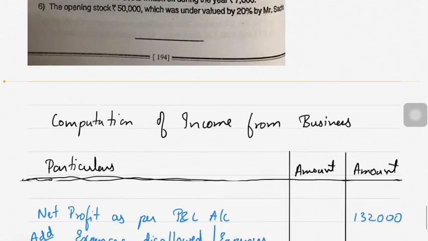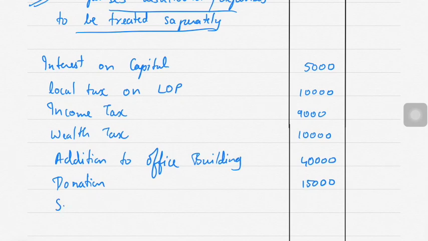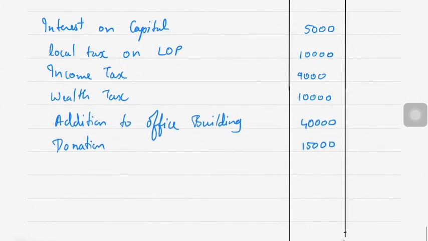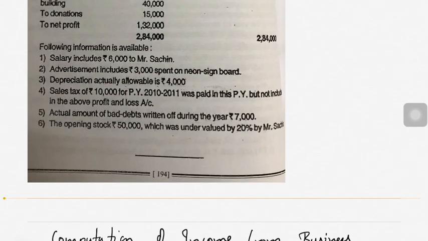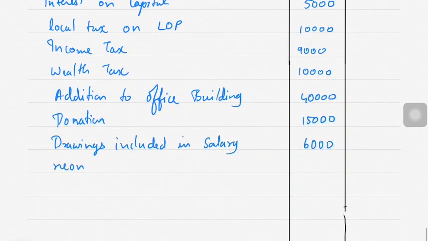Now let's see adjustments. Salary includes 6,000 to Mr. Sachin. So I'll write drawings included in salary, 6,000. That also you have to add back. Advertisement includes 3,000 spent on neon signboard.